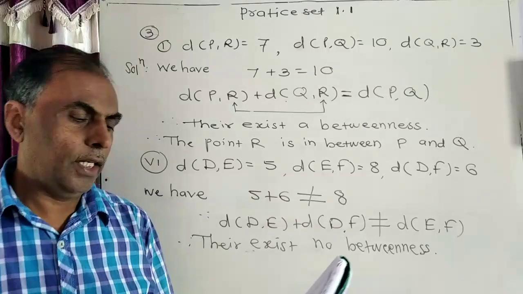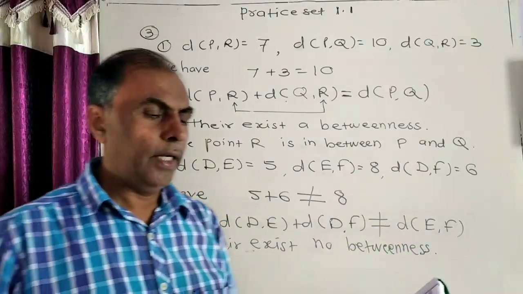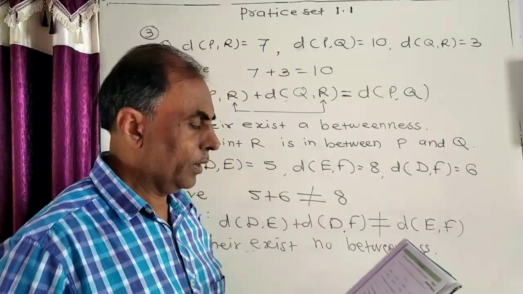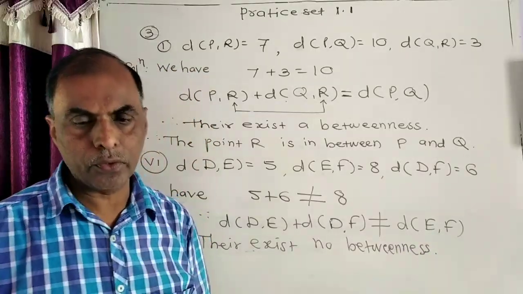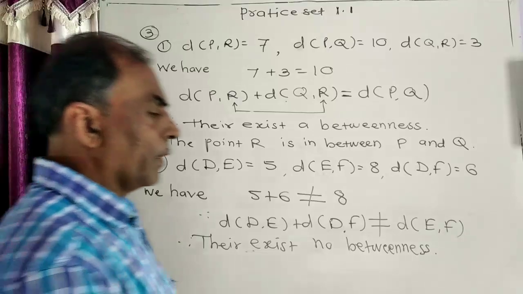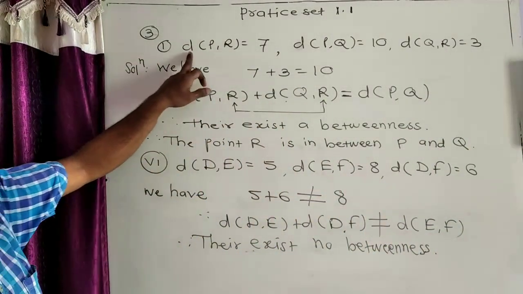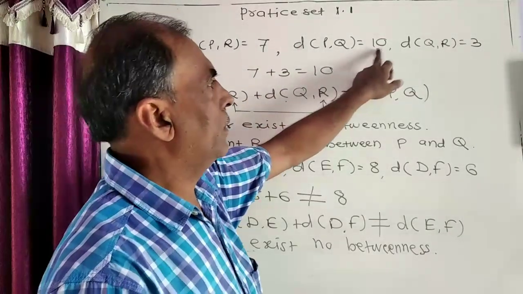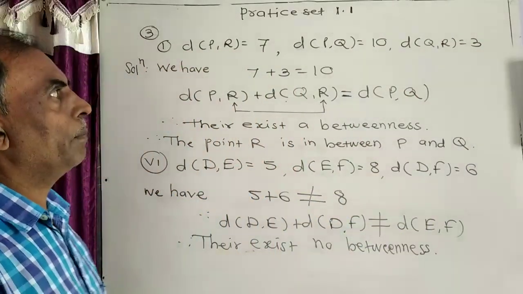Question number 3 is: from the information given below, find which of the points is in between the other two. If the points are not collinear, state so. So this is the question. We are given the first part: distance PR is equal to 7, distance PQ is equal to 10, and distance QR is equal to 3. So what is our concept?